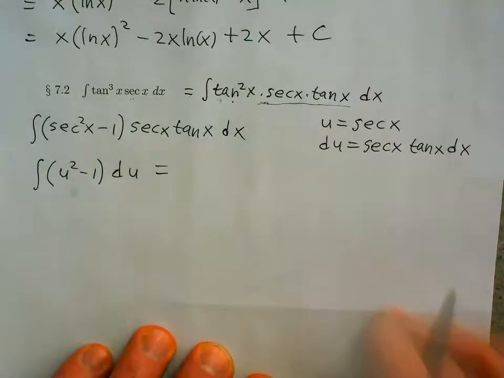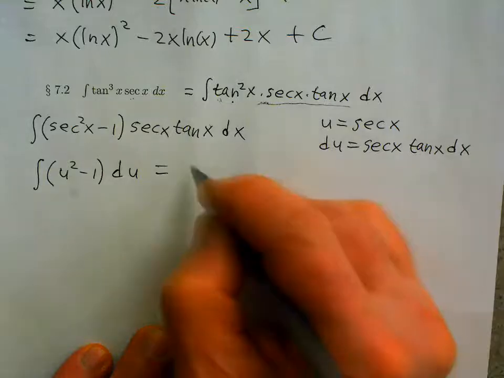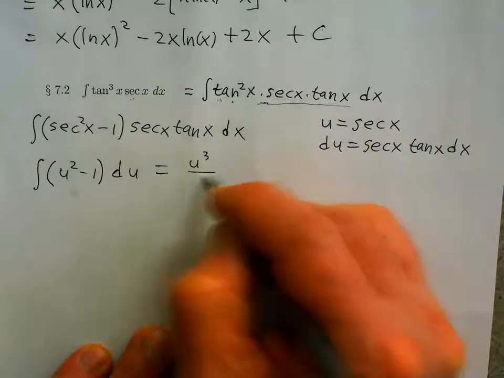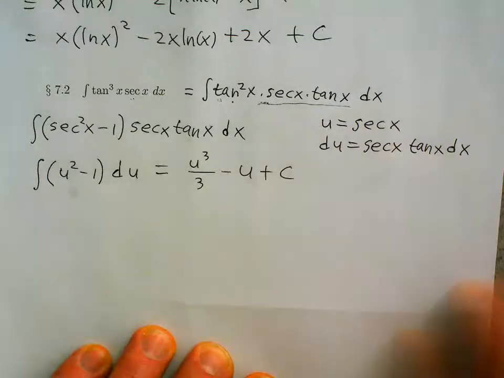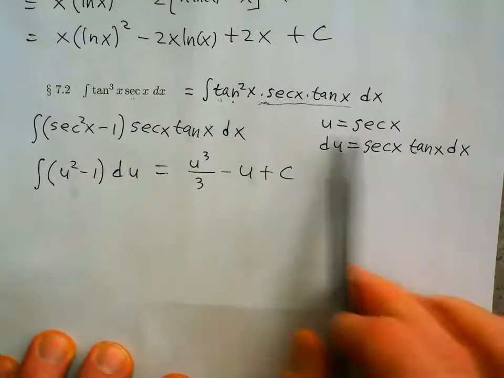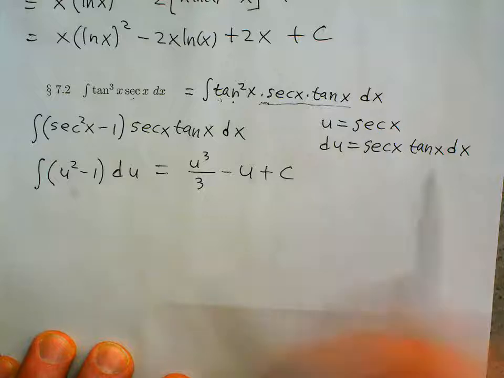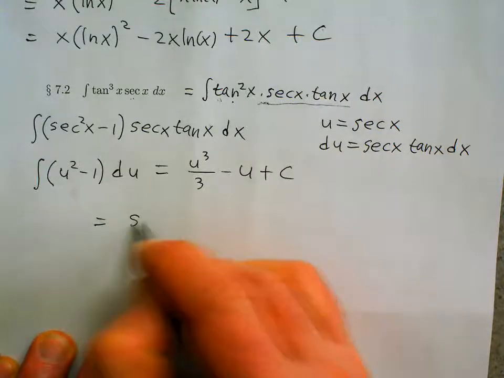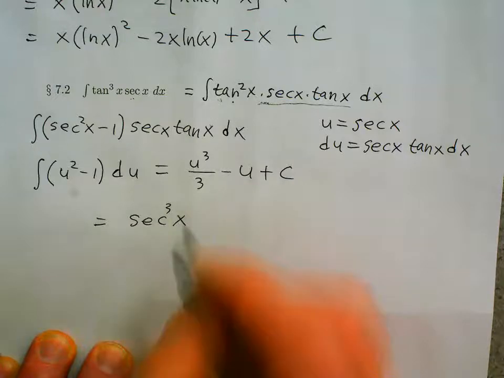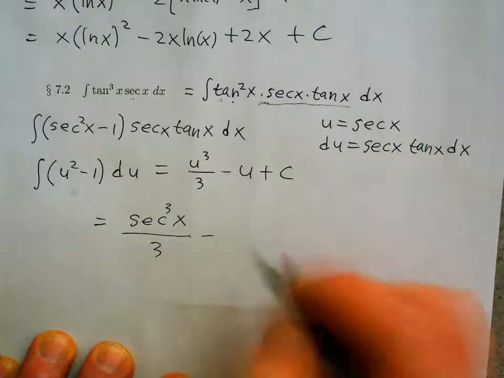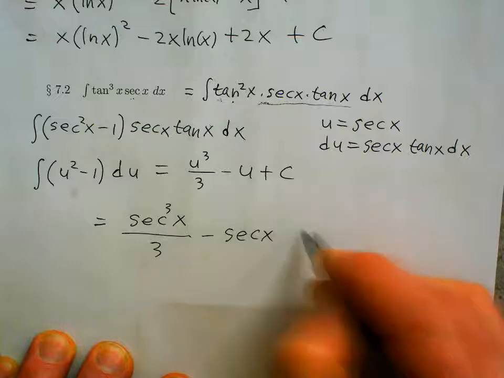And then the antiderivatives are u to the third over 3 minus u plus c. And then replace u with secant of x. So we get secant of x to the third over 3 minus secant of x plus c.